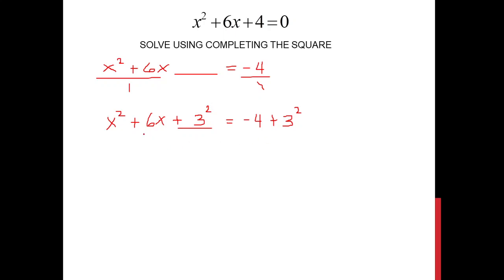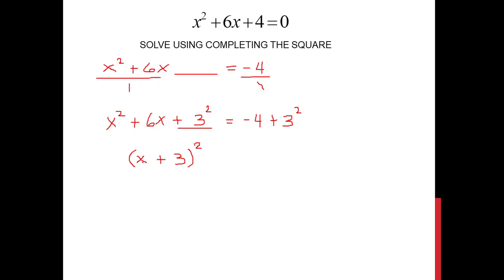Okay? So we need to simplify this one. We can just rewrite this perfect square as: get the base of your first term, which is x, get the base of your last term, which is 3, and since your middle term is addition, just write the sign of your middle term, then square.